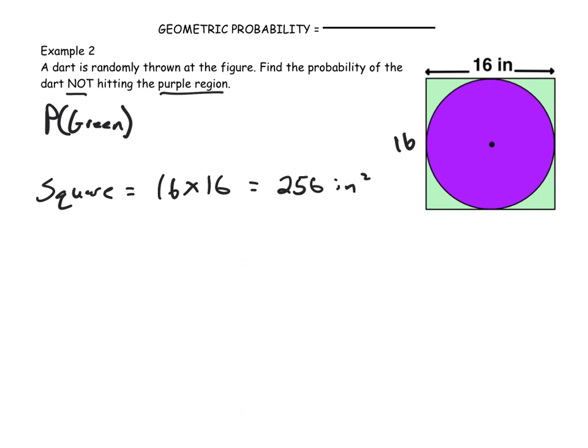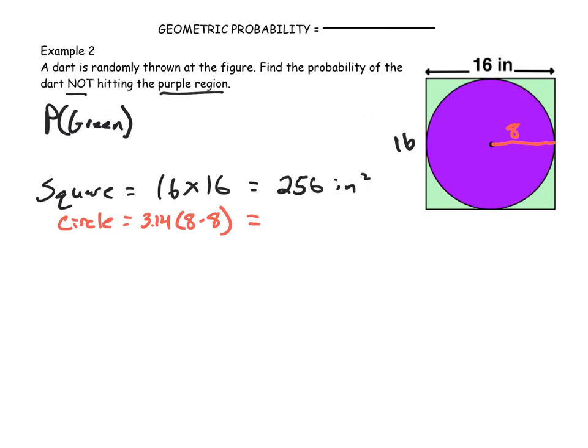Now I need to take out the circle. The circle, that's pi times the radius squared, so 3.14 times my radius. Now I know my diameter is 16, so my radius is 8, so it's going to be 8 times 8, because radius squared is the number times itself.